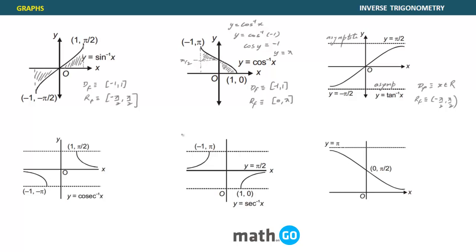Okay. The next graph that we have to do is y equal to cot inverse x. Remember this. For cot inverse x, the domain is all real values, and the range is nothing but equal to cos inverse, just change the brackets. So 0 to pi, so that means the x-axis here is an asymptote.